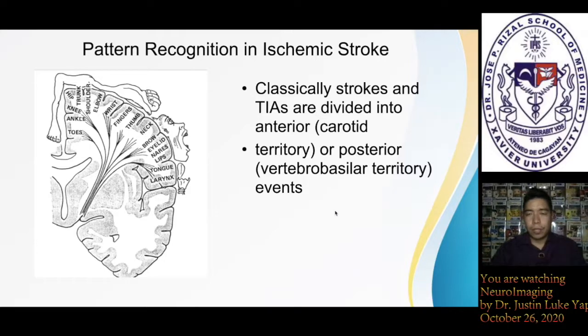So one clue also is the vascular territory. If you can trace the blood supply of the area of involvement, then you can also suspect where the possibility of the thrombus or embolus is.